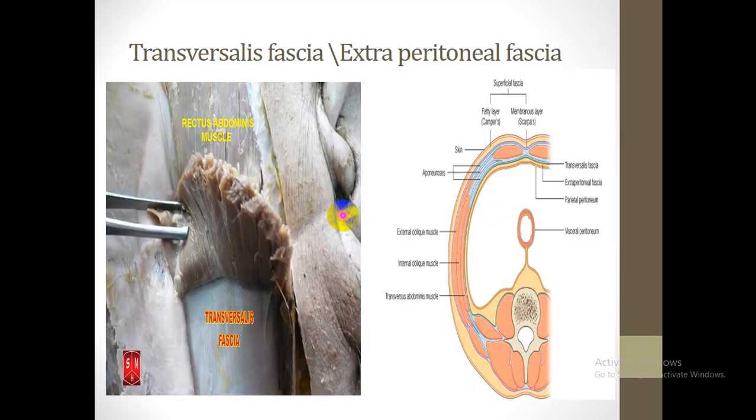Okay, what is the transversalis fascia? Transversalis fascia is the investing fascia of the muscle. All muscles of the anterior abdominal wall are covered from anterior and posterior by the investing fascia of the body, but it is unremarkable.